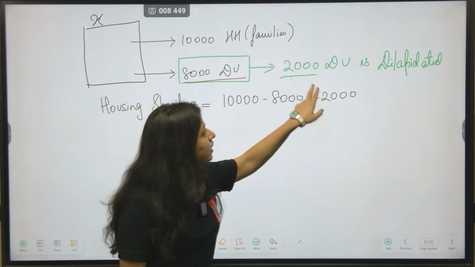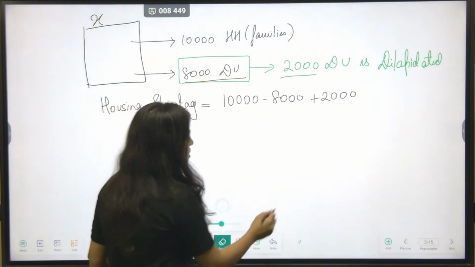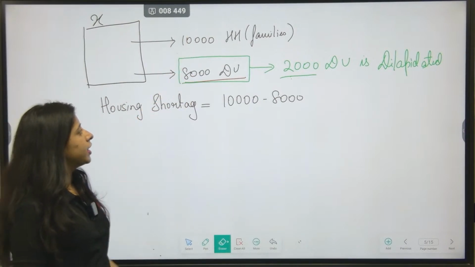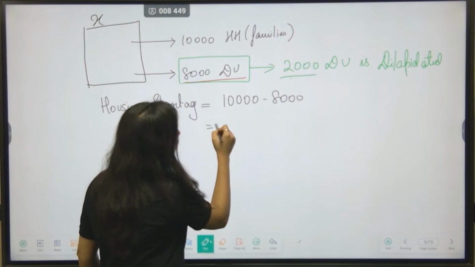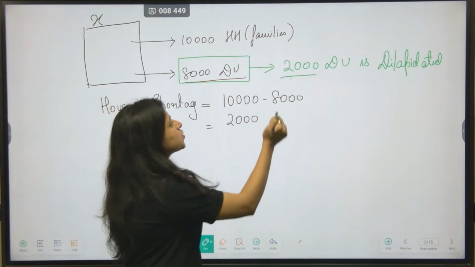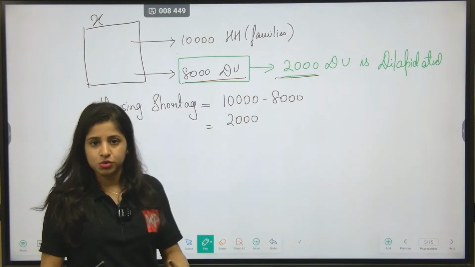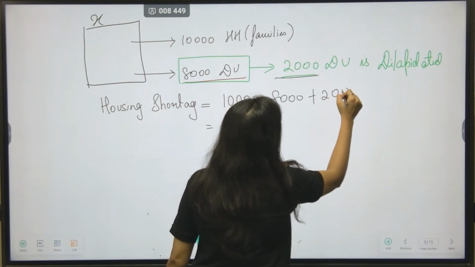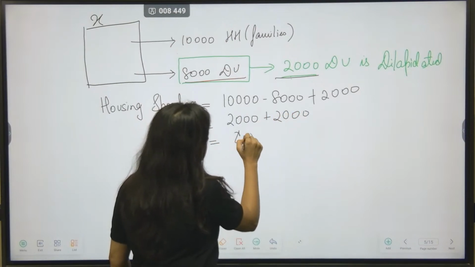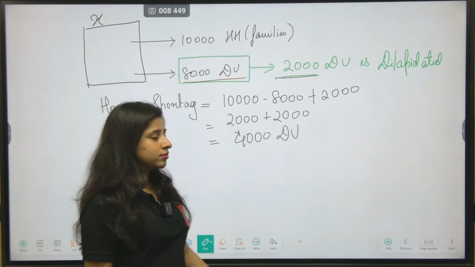Because initially, without considering dilapidated housing, with 10,000 households and 8,000 dwelling units, the housing shortage was 2,000. But now 2,000 dwelling units are dilapidated, which means we have to provide an extra 2,000 dwelling units. So the shortage is 4,000 dwelling units.